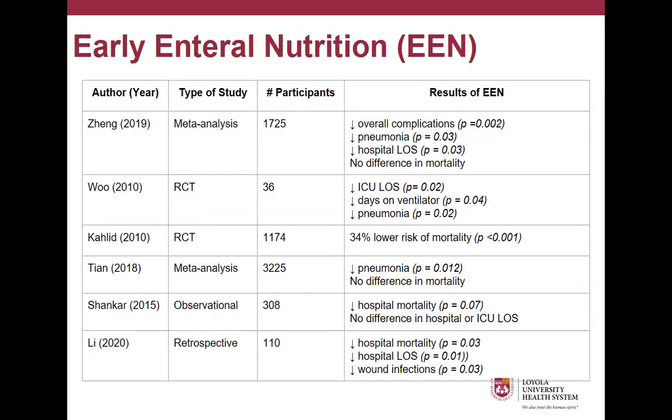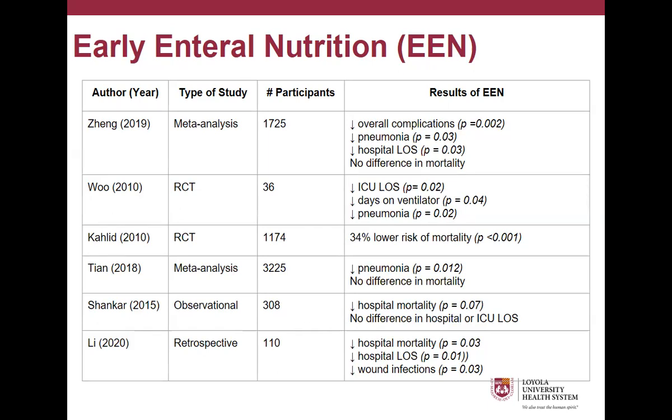And so this is just a very brief consensus of studies showing the benefits of early enteral nutrition. Obviously, there's years and years and many studies out there. These are ones that I just felt were good quality that I pulled through. So you can see publication type of study, number of participants and results, the benefits that they saw of the early enteral nutrition.